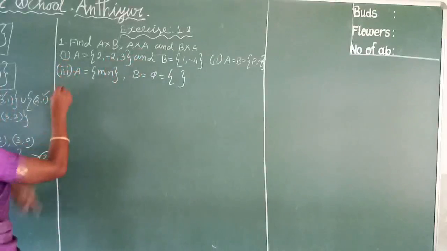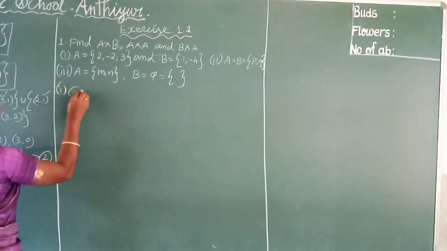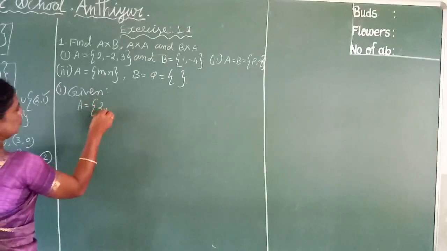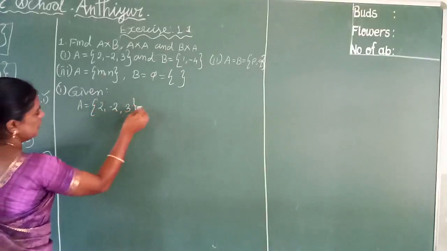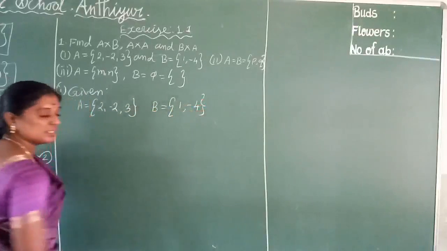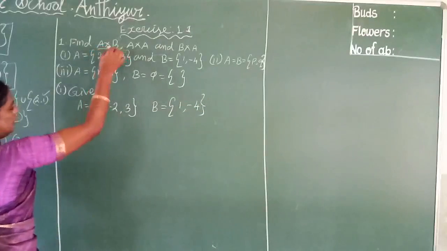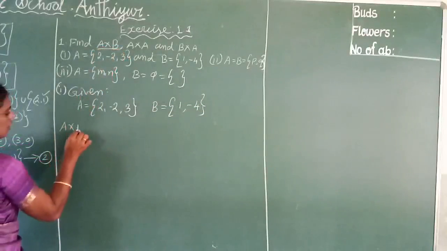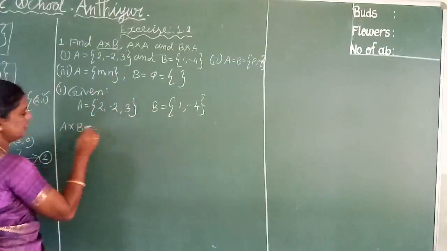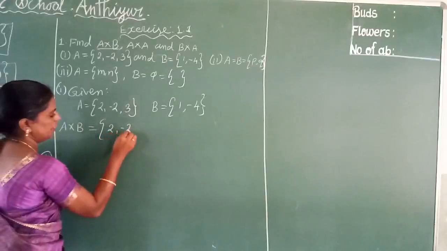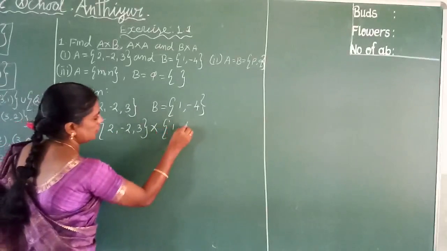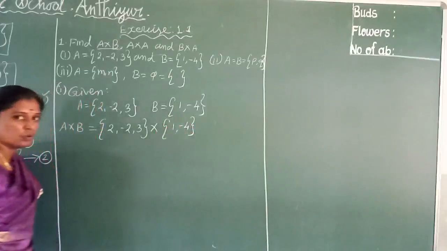First we see the first option. Given A is equal to 2, minus 2, 3 and B is equal to 1, minus 4. First we want to find A cross B. So A cross B: first you write A, 2, minus 2, 3, cross B, 1, minus 4.